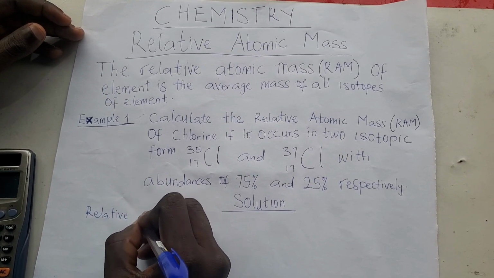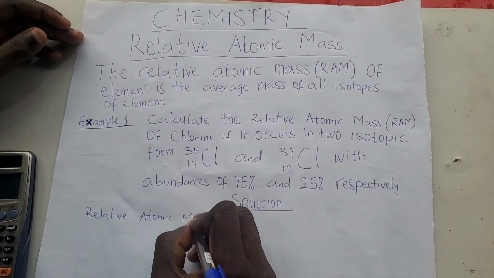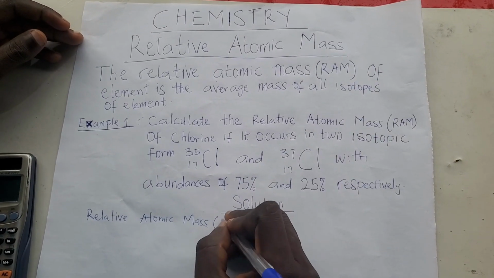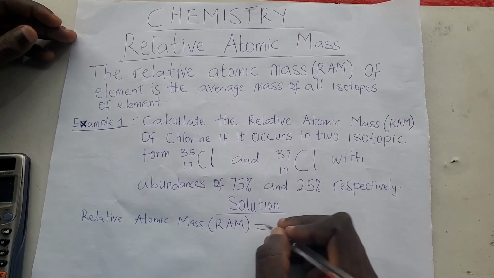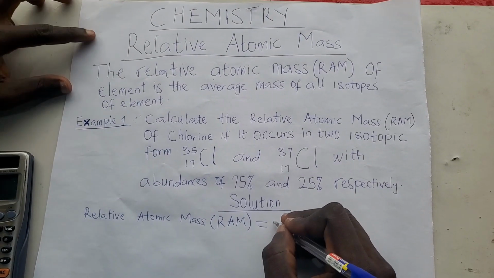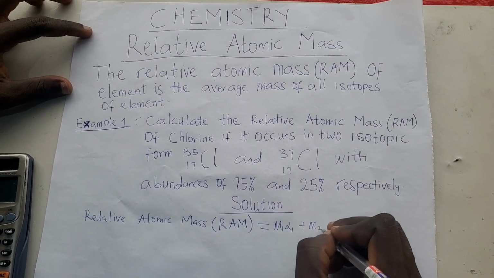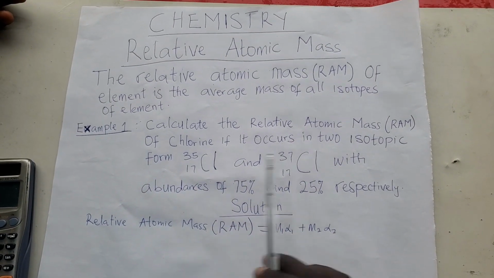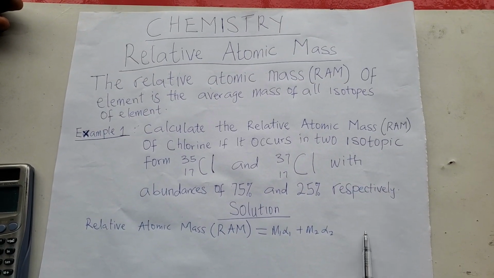I can also summarize it as RAM. It is equal to what? It has a formula which is M1 alpha 1 plus M2 alpha 2. If you are dealing with an element that undergoes three isotopic forms, we also include M3 alpha 3.